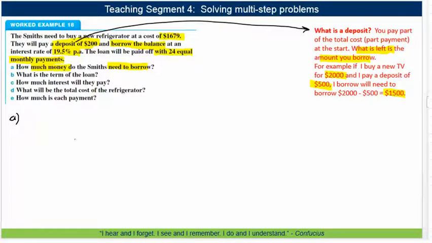So essentially that's just our cost. It's going to be the cost, $2,679, subtract $200, the deposit. So that'll be $2,479.